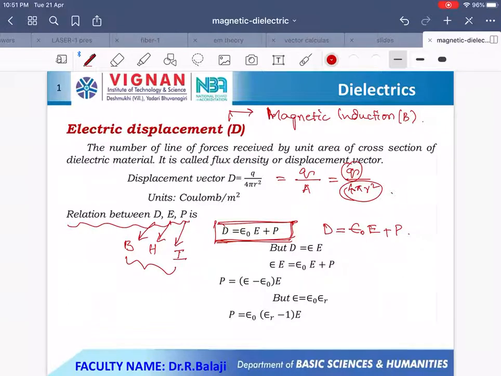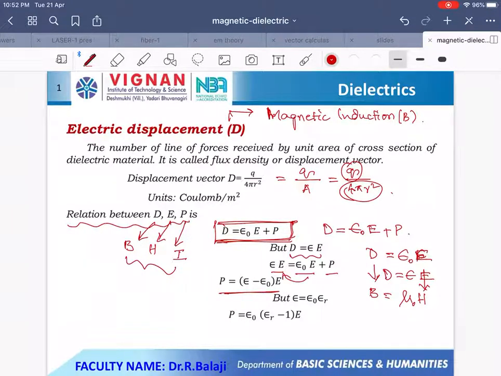Now what is the relation between D and E? In the previous case, B and H were related by mu naught H. Similarly here, D is equal to epsilon into E. Now when you write D equal to epsilon naught E plus P, then what is the value of P?